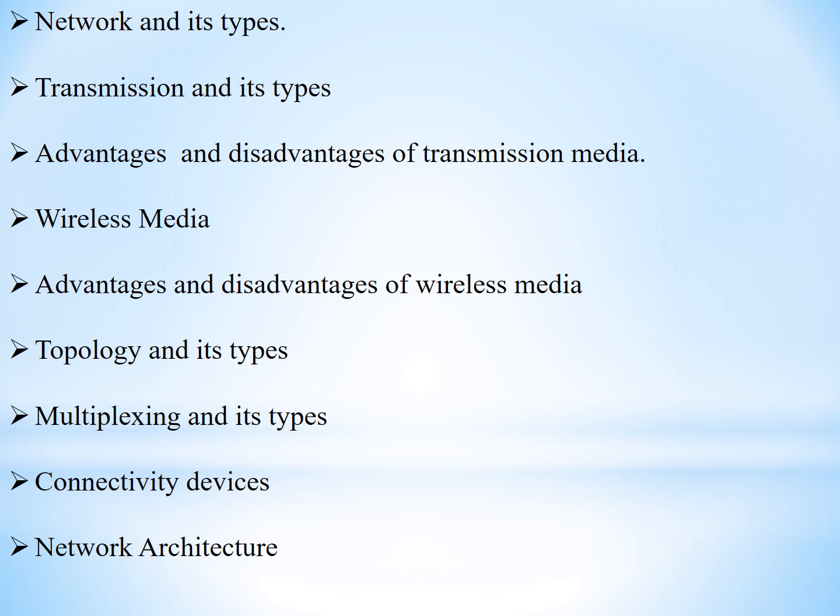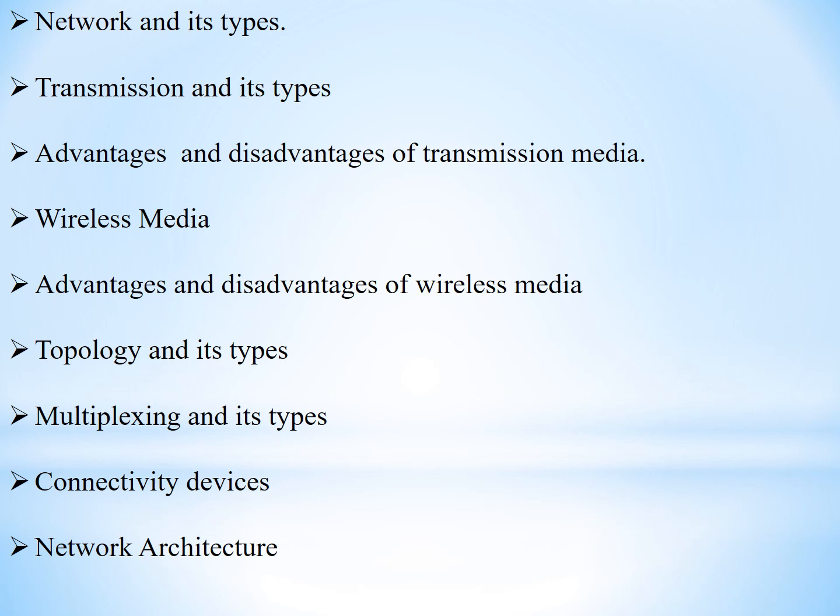The next concept was topology and its types. In topology, we elaborated the definition, the categories, physical and logical topology, as well as the different types of topology, like bus topology, its advantages and disadvantages, ring topology, star topology, mesh topology, hybrid, point to multi-point, and tree topology in detail with their advantages and disadvantages.